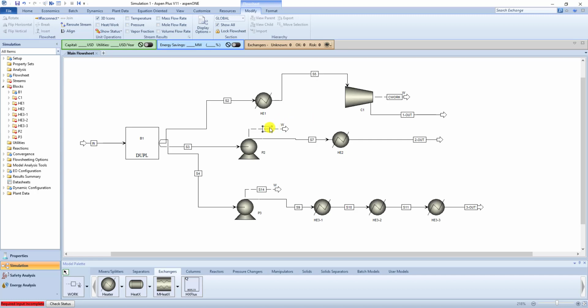So compressor work and pump 2 and pump 3 work. Similarly, if we select heat, we can see the heat required by each heat exchanger. I'm going to rename these.